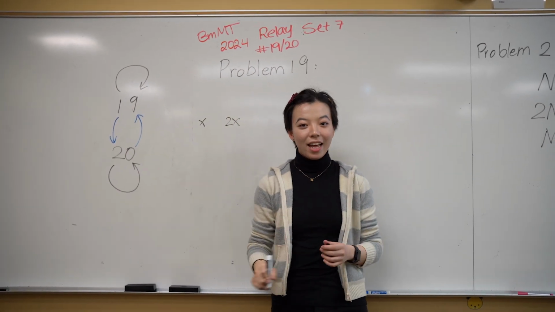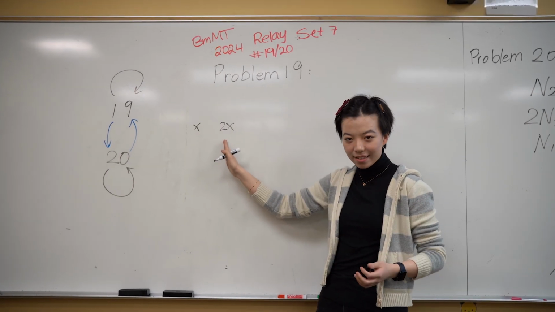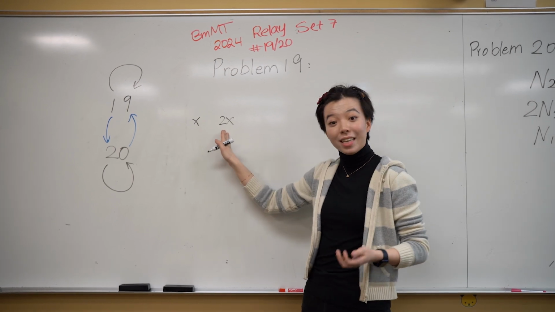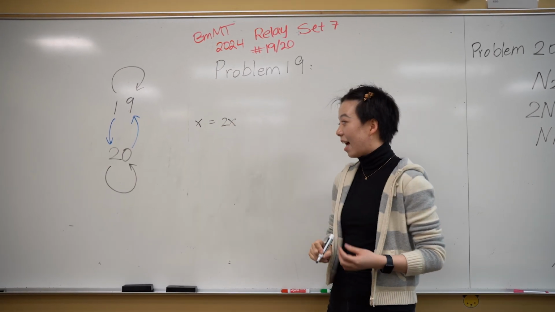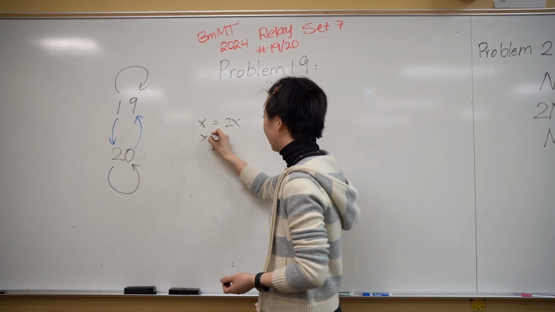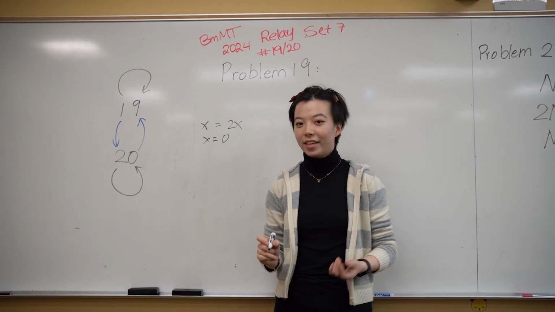What we see is that x is the answer to this problem, and 2x is what we are asking for. So these two are both the answer to this problem. We can set up an equation there as x equals 2x, and we can just solve for x as x will be equal to 0. So that's how we can solve a simple self-cyclic problem.